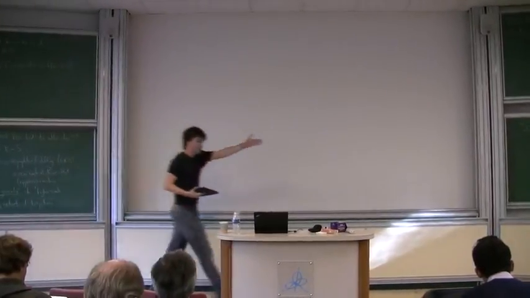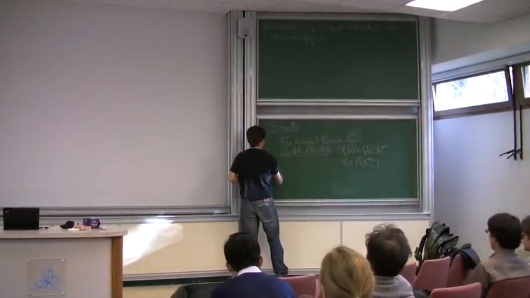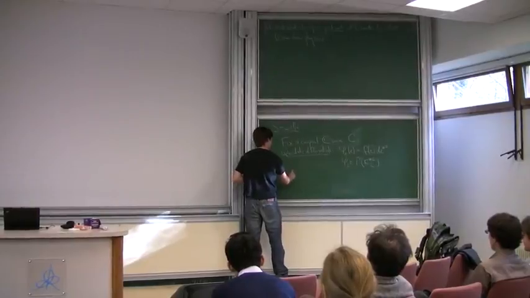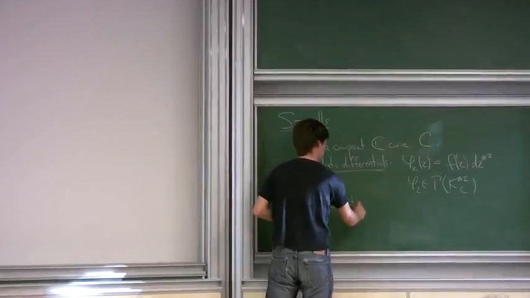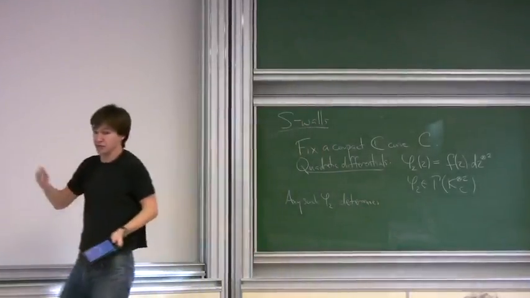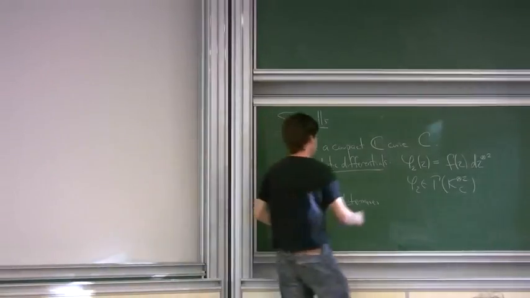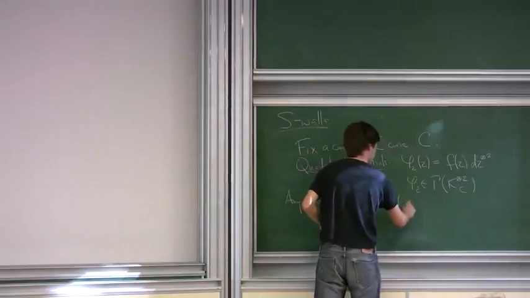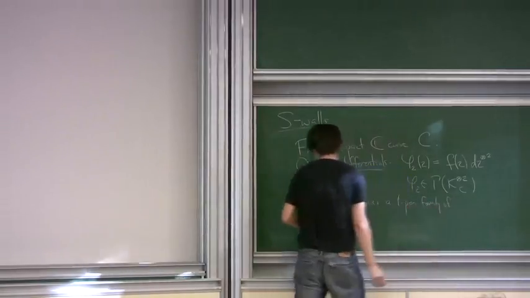So suppose I have one of these quadratic differentials. Any such phi 2 determines a foliation of the curve. In fact, not just one foliation, but a circle's worth of foliations. So it's a one-parameter family of foliations.